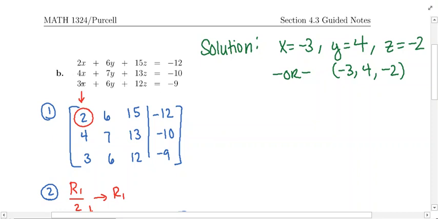So you could have switched rows 1 and 3 and put this equation in the top, and then divided each of these numbers by 3. That would have put a 1 in this spot, and you would have had 1, 2, 4, and negative 3, and you would have totally avoided the fractions.